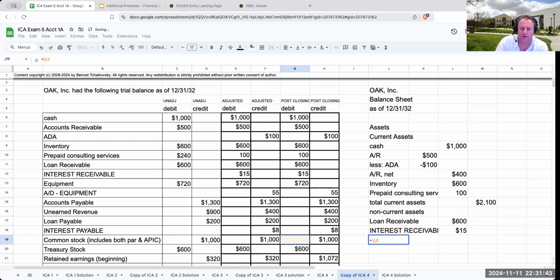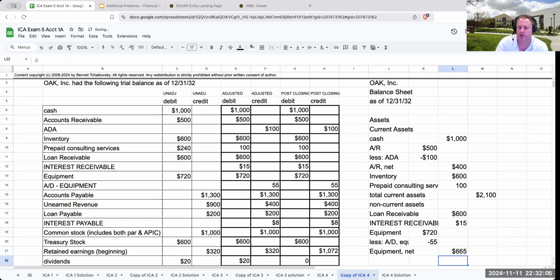And again, over here for the equipment, I'm an absolute stickler on this. The equipment is going to be 720 less accumulated depreciation on the equipment. So this is going to be less 55. This is going to give me equipment net of the accumulated depreciation.